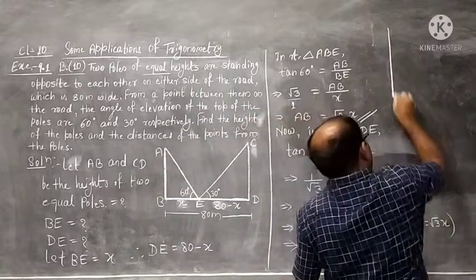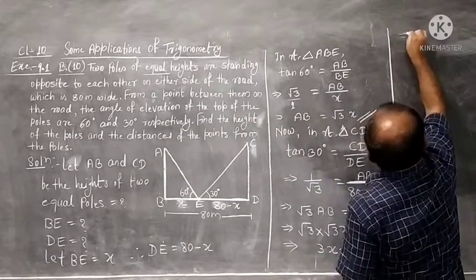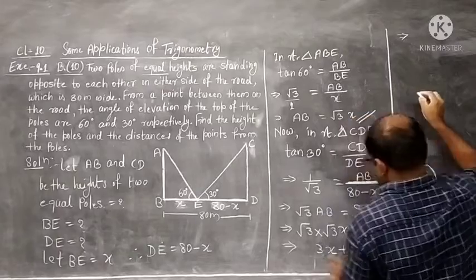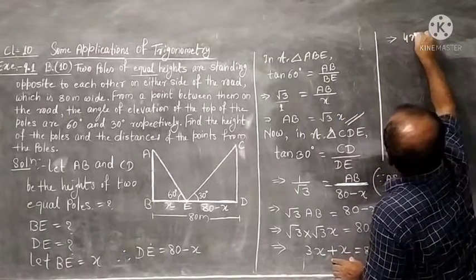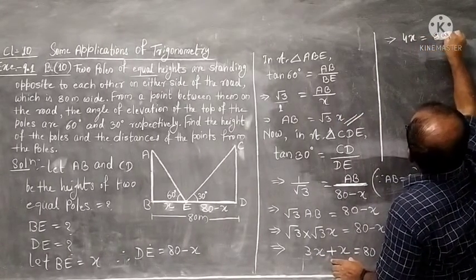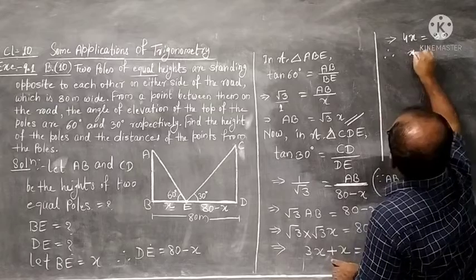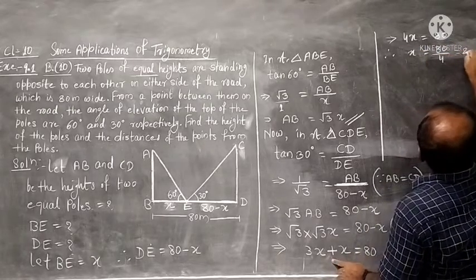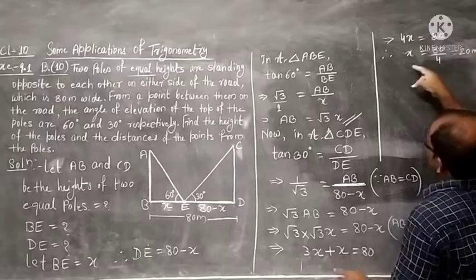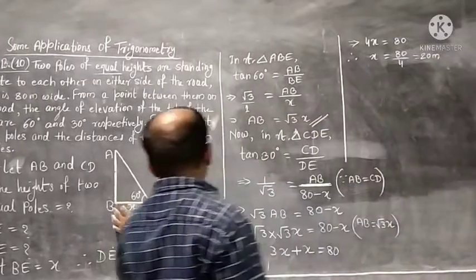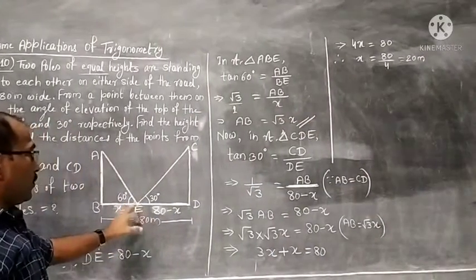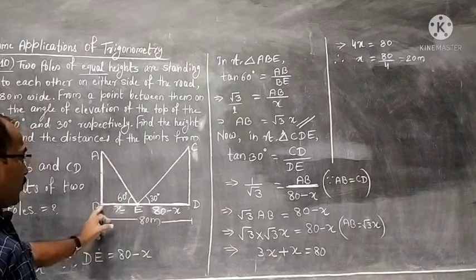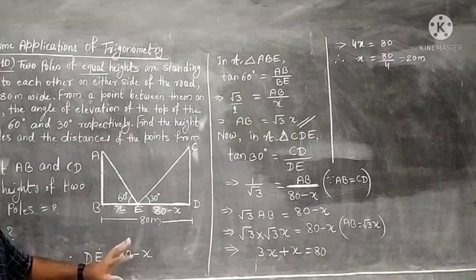So, 4x is equal to 80, and finally we get x is equal to what? 80 by 4, that is 20. x is the distance of the point from the first pole, BE.